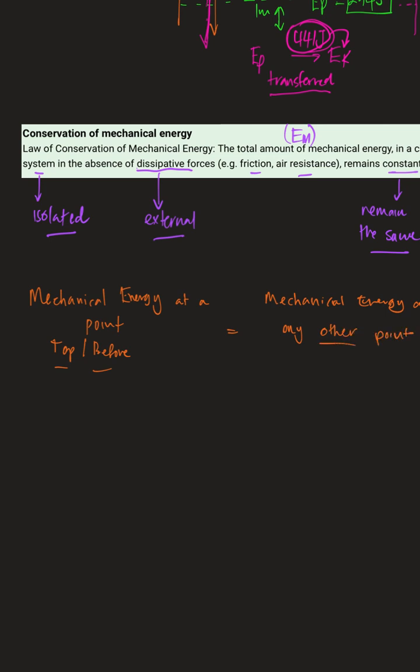So the mechanical energy at a point in a system, that can be at the top or before, must be equal to the mechanical energy at any other point in the system.